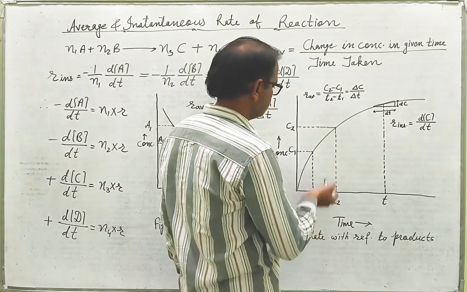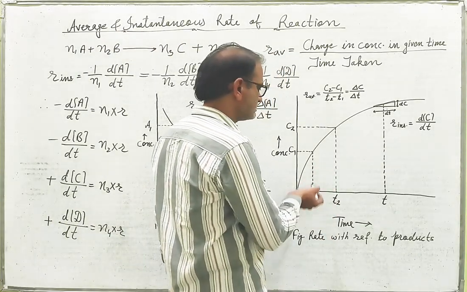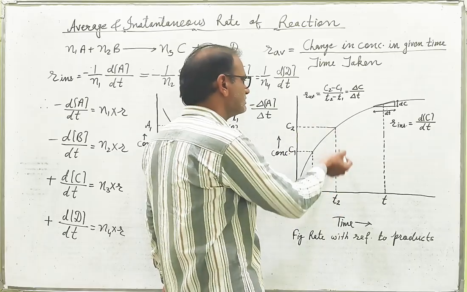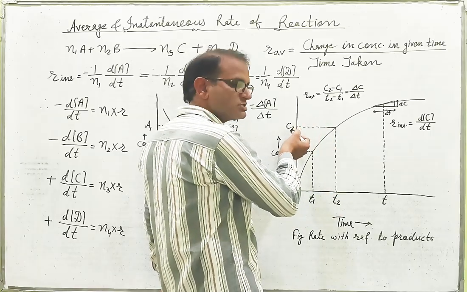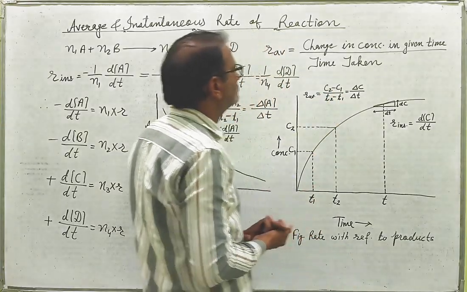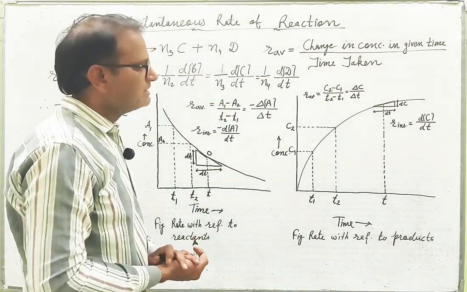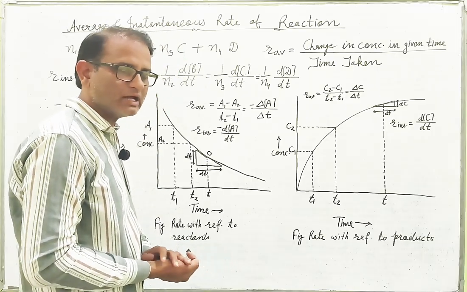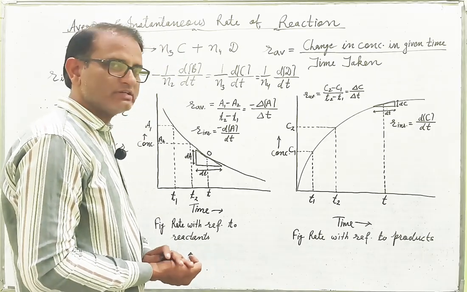Suppose at time t1 the concentration is C1 and at time t2 it increases up to C2. Then the average rate will be equal to C2 minus C1 upon t2 minus t1, and that will be equal to delta C upon delta t. That is how we can calculate the average rate of a reaction.